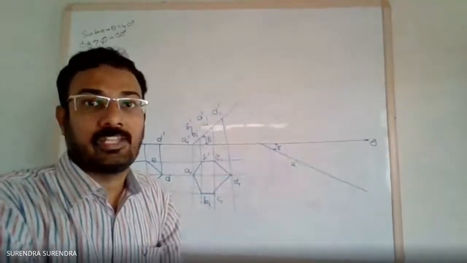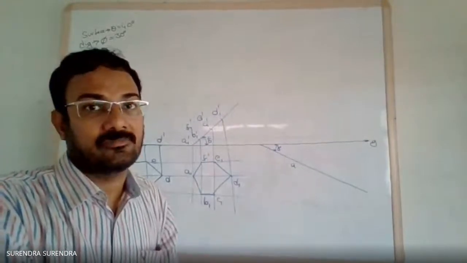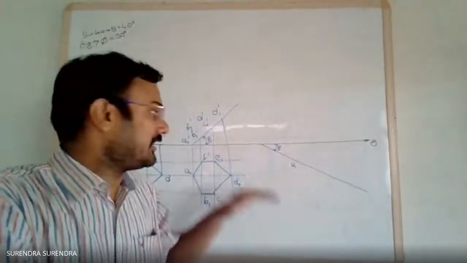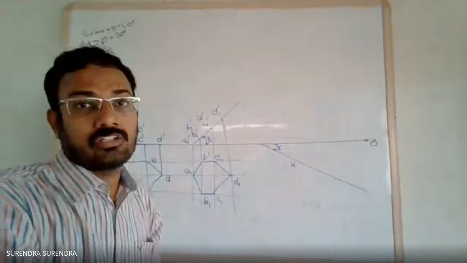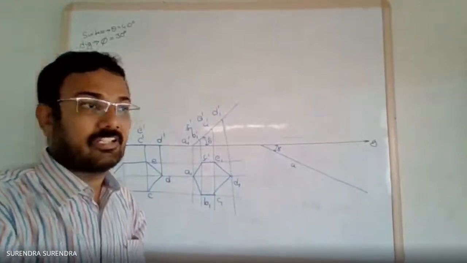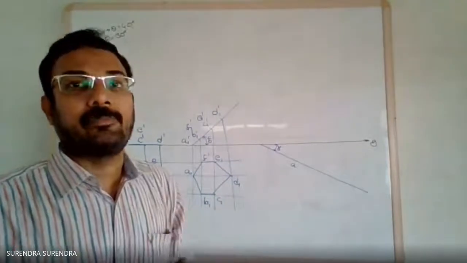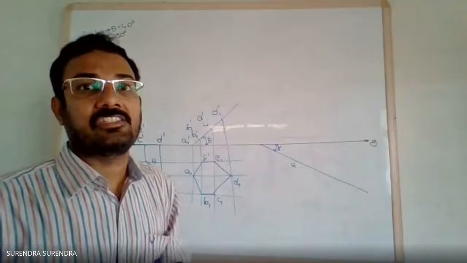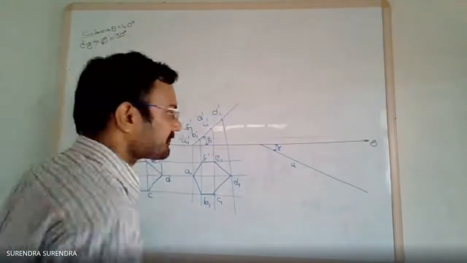So take sufficient distance below the XY line so that the redrawn hexagon does not touch or cross the XY line. Why? Because the problem is only first angle projection. What it implies is that if the plane crosses the XY line, it exists in both reference planes, so it is not such a condition.